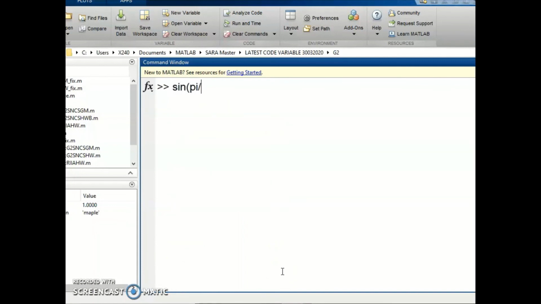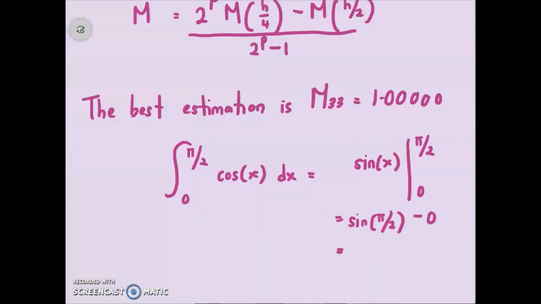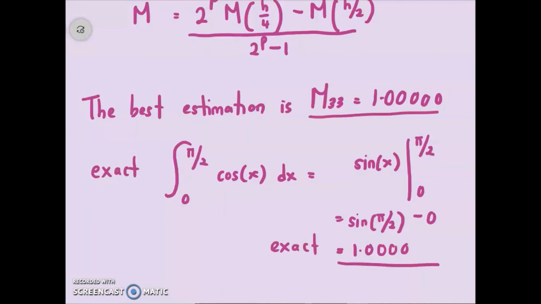Sine pi over 2 is 1. So this is my exact solution. My exact solution is 1 and my approximate solution is 1, so the error is 0. Zero error in this case.